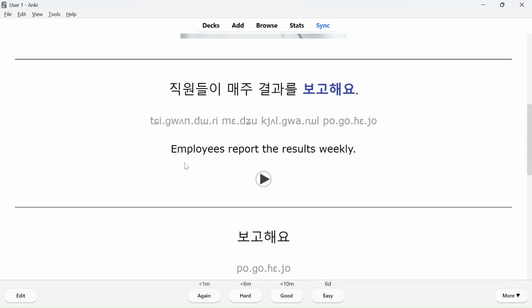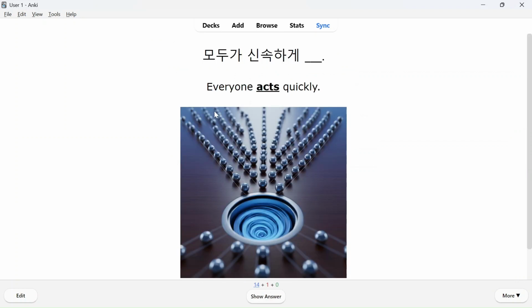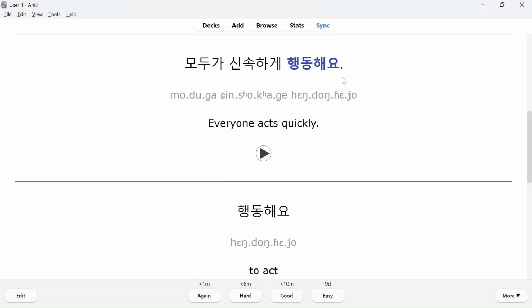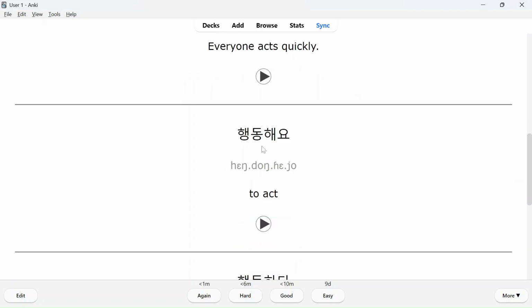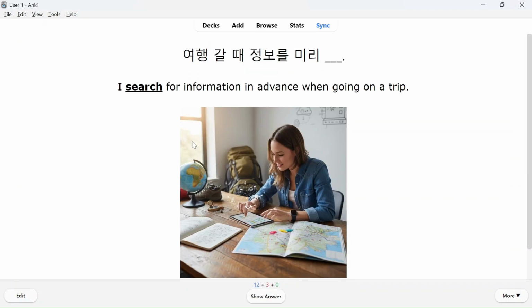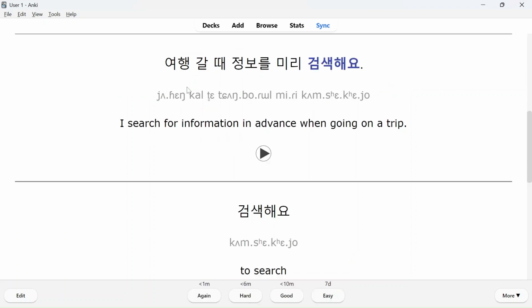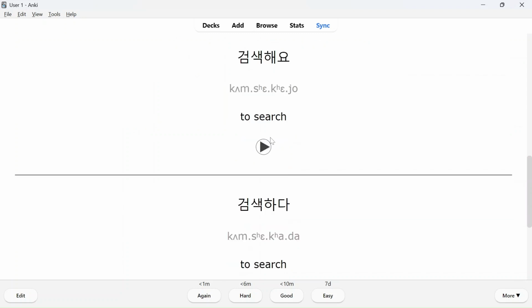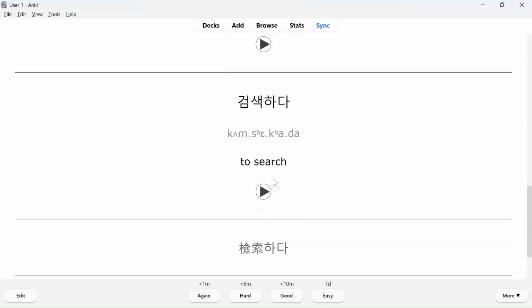Great. So let's continue. Everyone acts quickly. 모두가 신속하게 행동해요. 행동해요. 행동하다. I search for information in advance when going on a trip. Search. 여행 갈 때 정보를 미리 검색해요. 검색해요. 검색하다. And great.